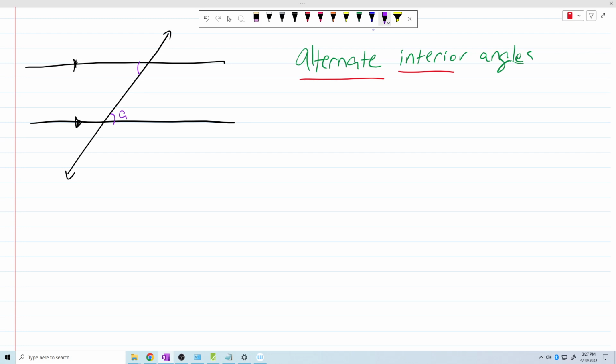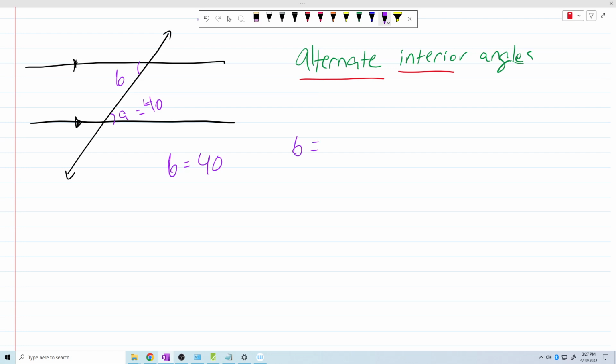So if we were to say this is A, and we're also to further say that A is, let's say, 40. Well, again, the idea of alternate interior angles, this unique property here, is saying that this here, and let's call this B. What we're saying is that because A and B are the same, B must therefore also equal 40, right?